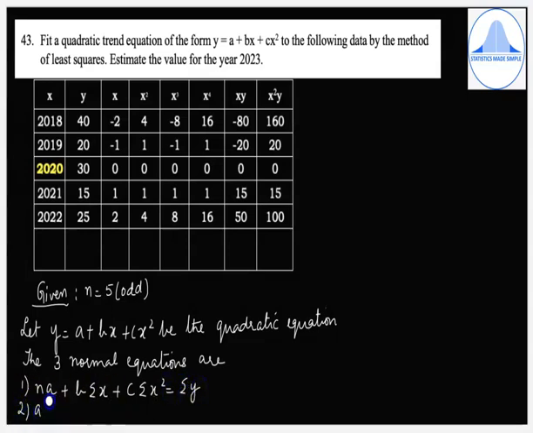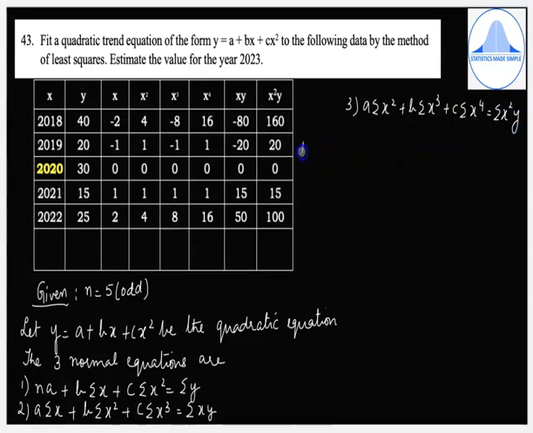Second, A summation x plus B summation x square plus C summation x cubed is equal to summation xy. And the third normal equation is A summation x square plus B summation x cubed plus C summation x to the power 4 is equal to summation x square y.